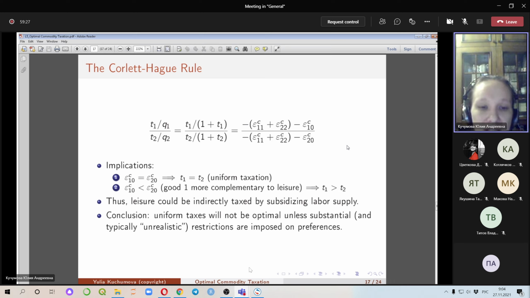This basically means that leisure can be taxed indirectly more by taxing more those goods that are complementary to it.